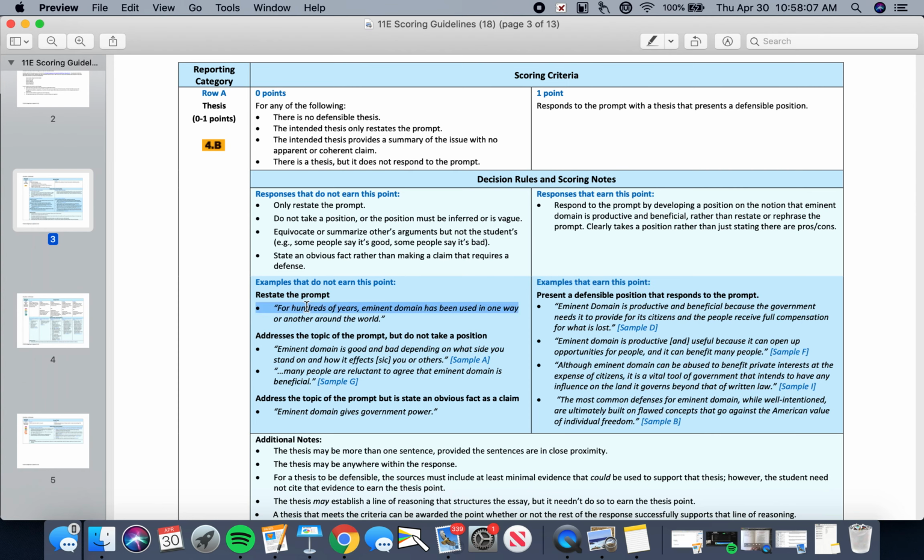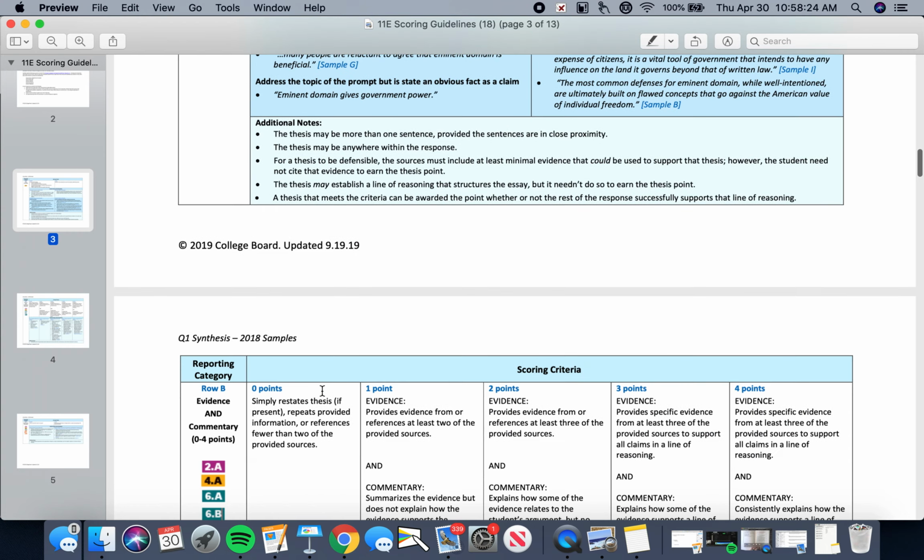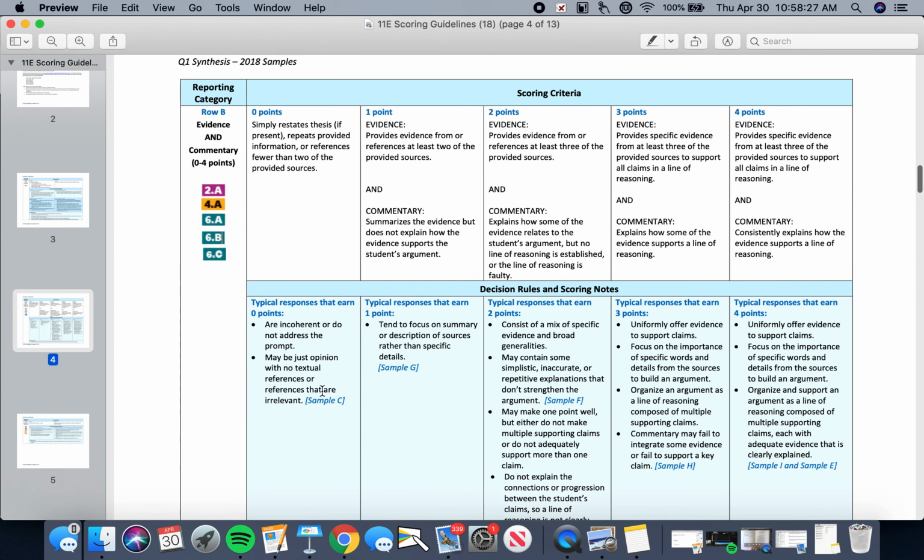These simply restate the prompt or address the topic of the prompt but do not take a position. For example, "eminent domain is good and bad depending on what side you stand on and how it affects you or others." Well, that is obviously not a position. That is to say, essentially nothing.